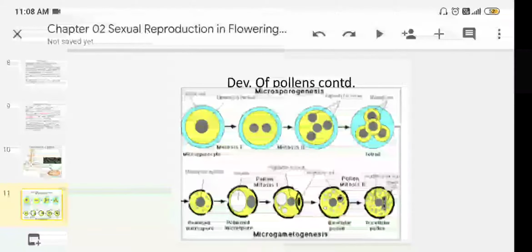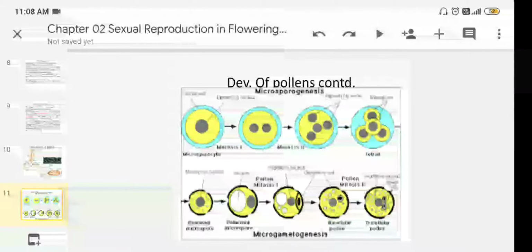Let us try to make it clear again. See how the nucleus of the microspore mother cell divides meiotically to form 4 nuclei. Each nucleus gets surrounded by a little cytoplasm and cell wall to form the 4 tetrads of microspore.